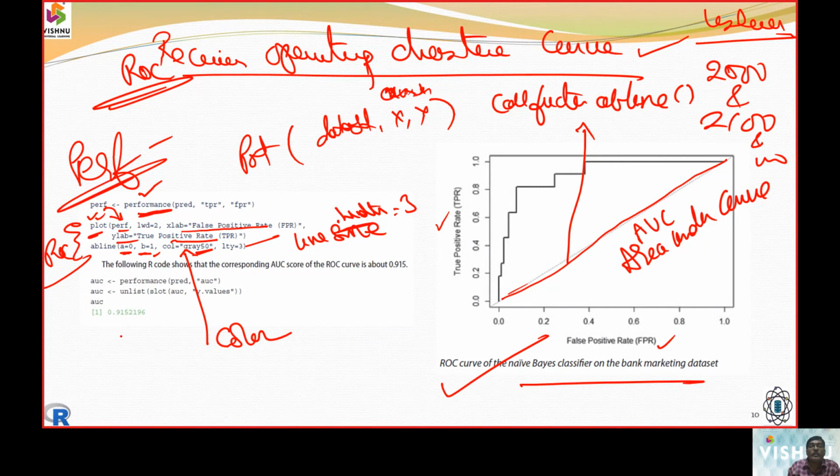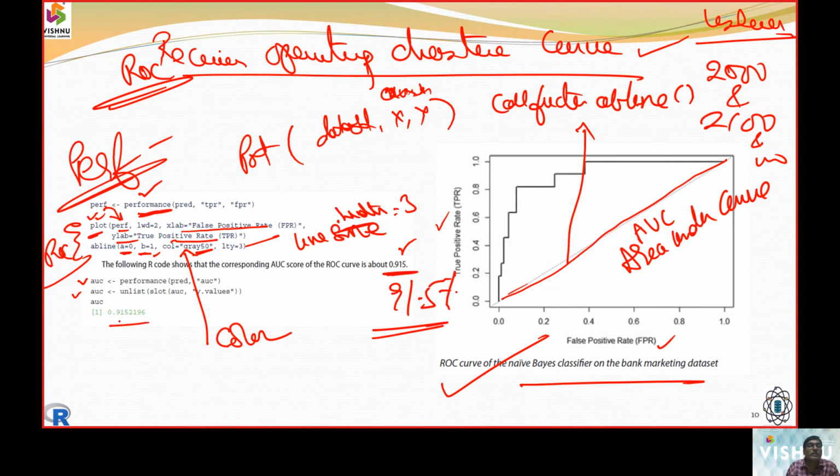Fine. Next was how much the performance is going to be tuned up. The performance is going to be tuned up to 0.91, that is 91.5%. So we have the AUC values.